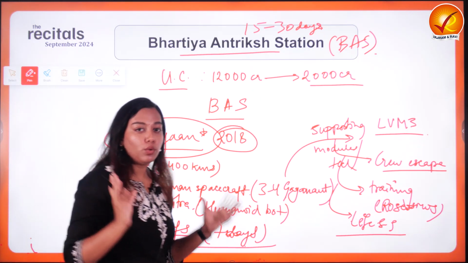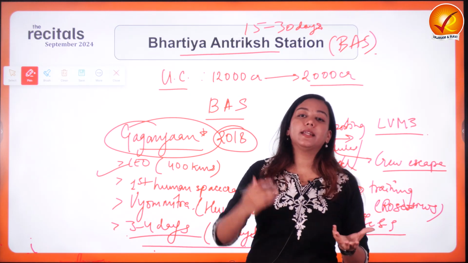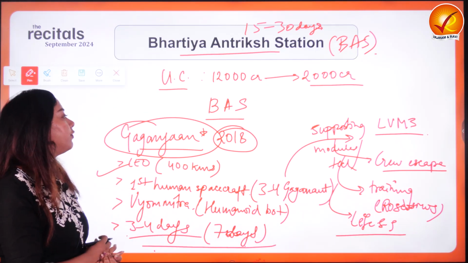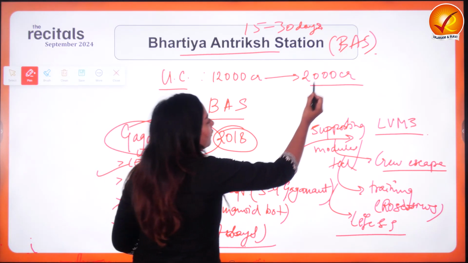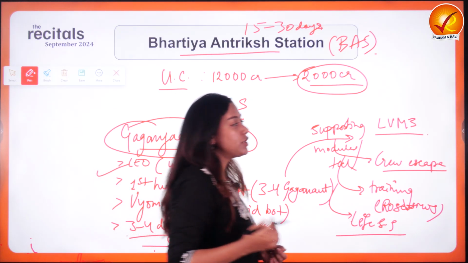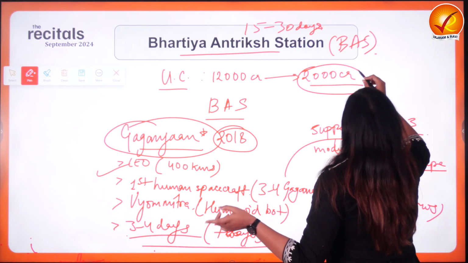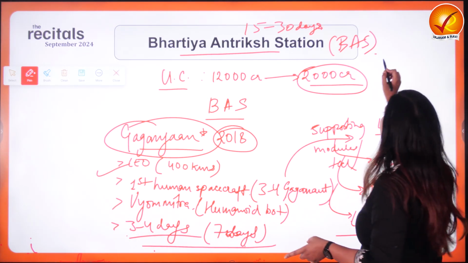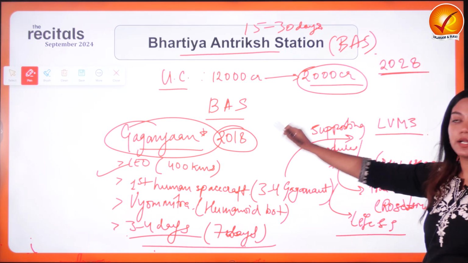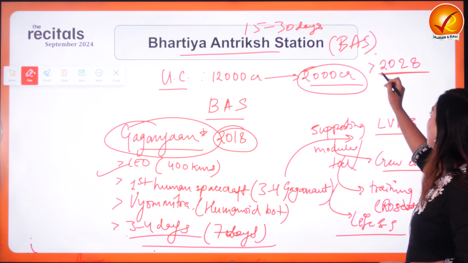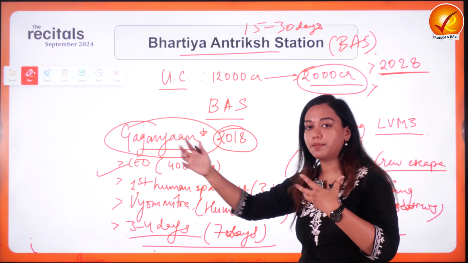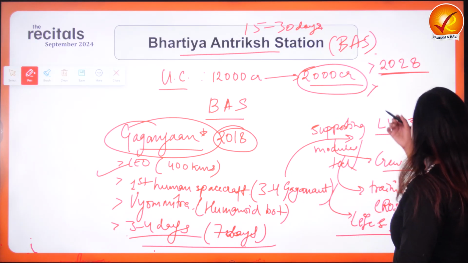The first module of the Bhartiya Antariksh station and the related technologies will be starting off from this year itself, because they have got the Union Budget approval. But the target of completion of the first module is 2028, which is 10 years after the proposal of the Gaganyaan mission, when the Gaganyaan mission was actually revealed.